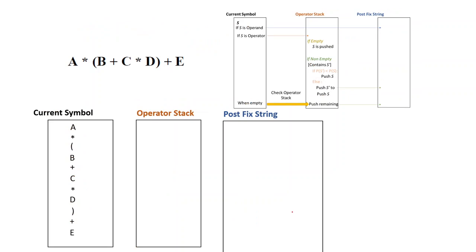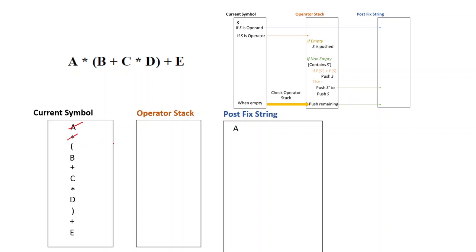So let us take another example. In this case I have already populated the current symbol table. A into braces B plus C into D braces closed plus E. First is again an operand, so we push that to the postfix string. Next is an operator.